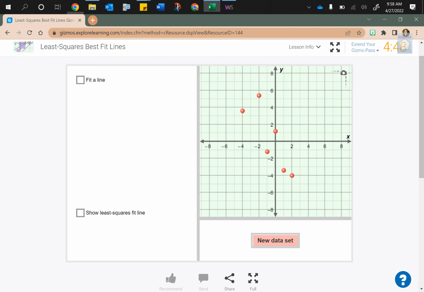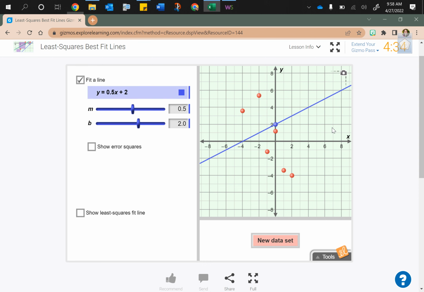All right, check it out. Here we have a scatter plot, and I want to come up with the line of best fit. Well, if I want to fit a line, here I have one. Is that a good fit? Why not? We probably wanted to have what kind of slope? A negative slope.